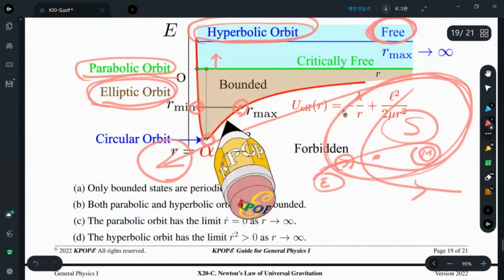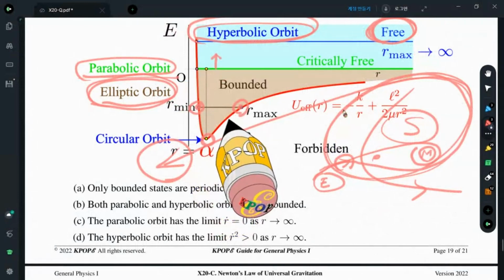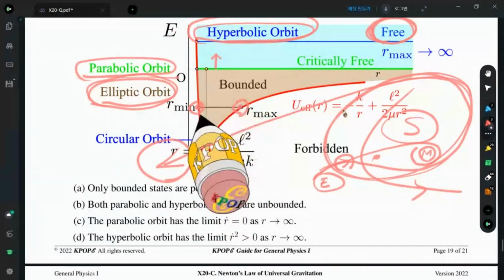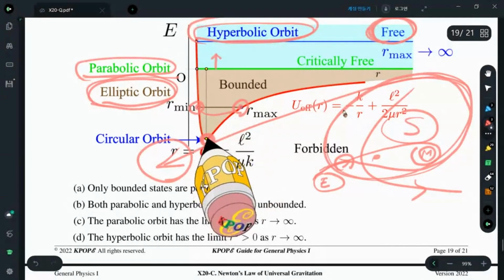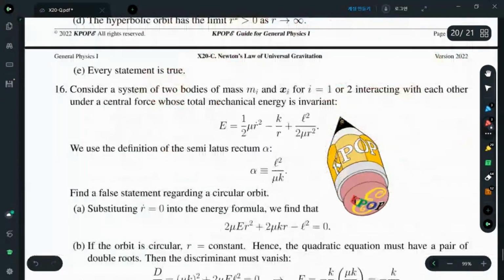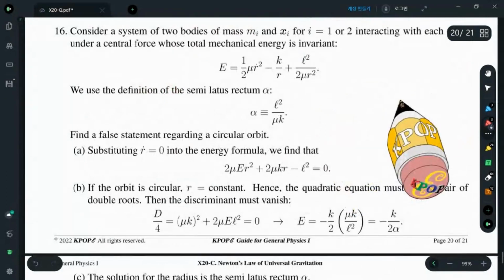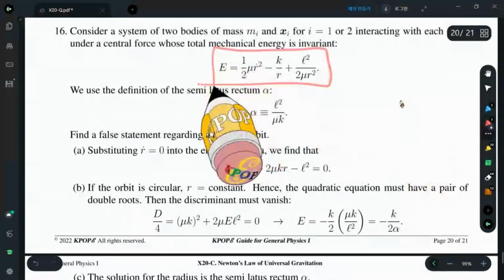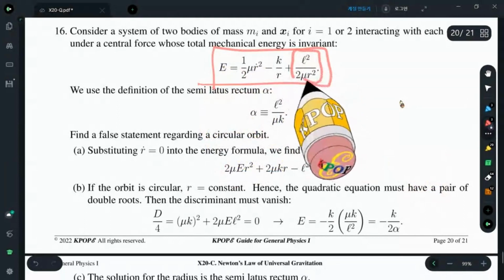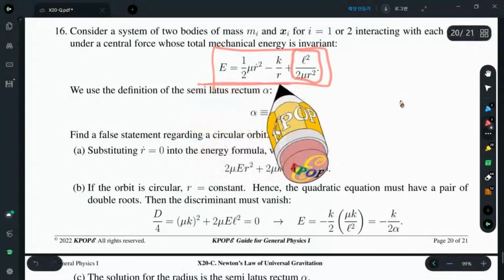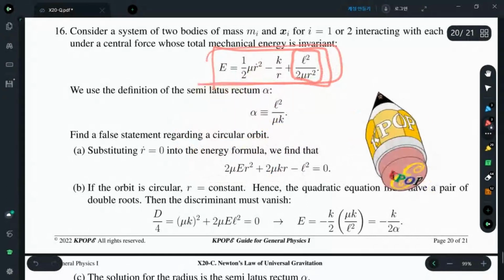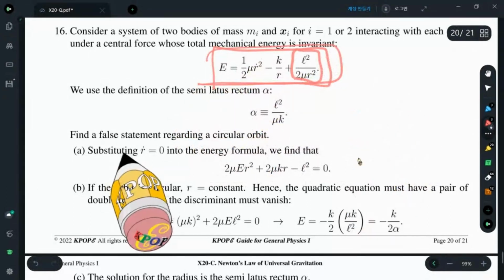We expect that it is coming from a quadratic equation, which usually has two different solutions. And in a special case, we have the double root. This is how to find it. The conservation of energy and conservation of orbital angular momentum requires this.